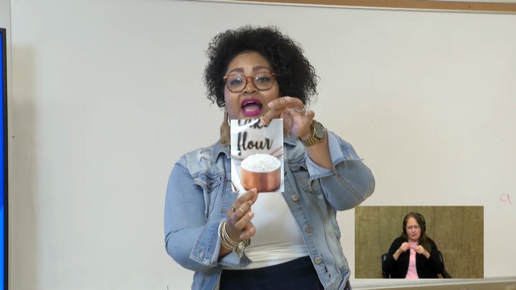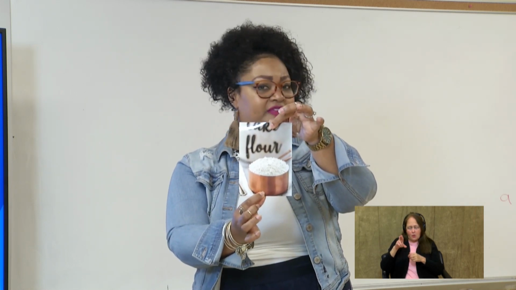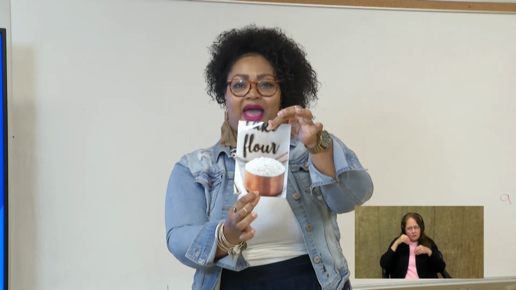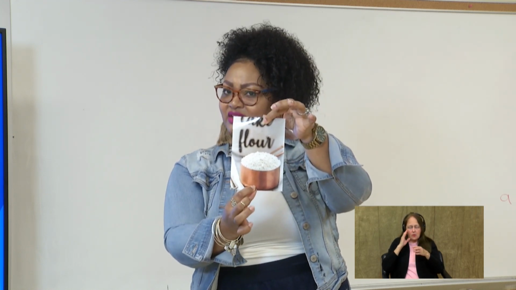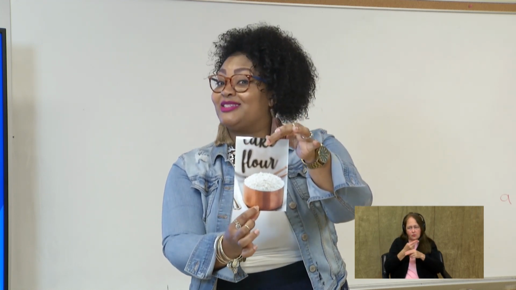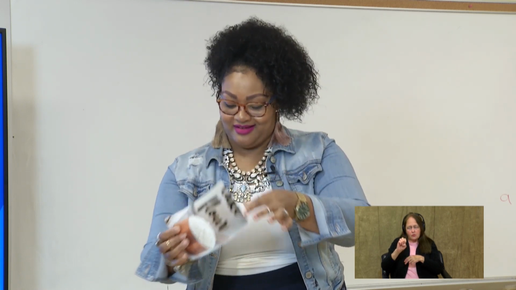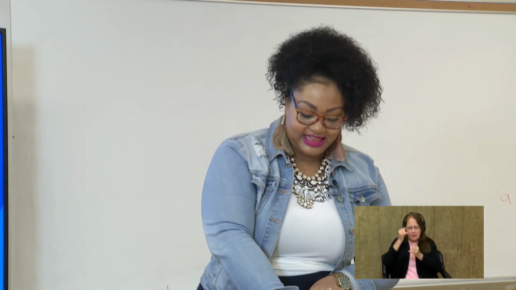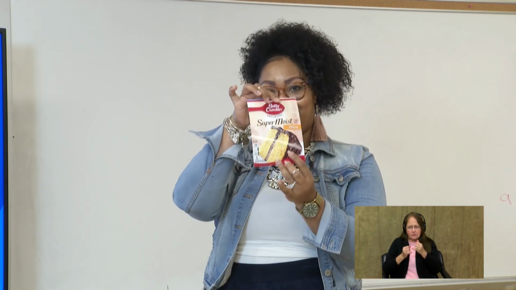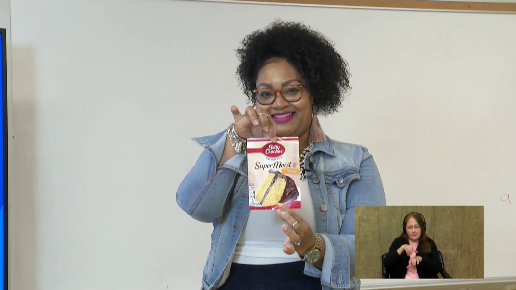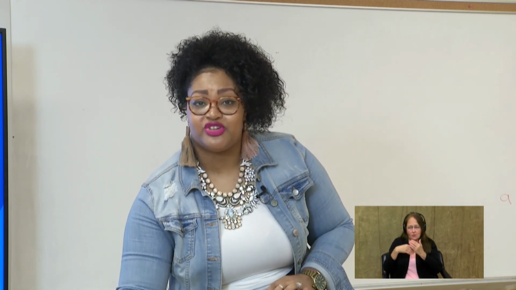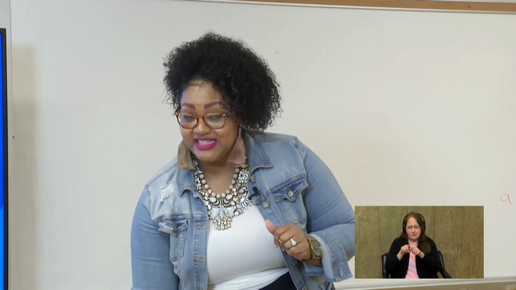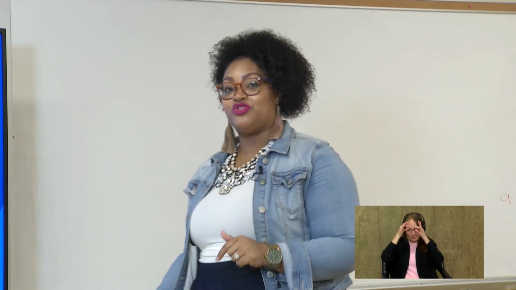Here's a picture of flour. Now, I'm not talking about flowers that grow in a garden. It's powder. You do something with this. Use your context clues. Put it together. Last but not least, what do all four of those pictures have in common? Put that together, determine the central idea.